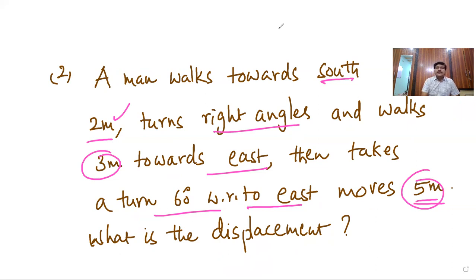Now let us see this one. Observe, this is the general sign convention. East is positive, this is west, this is north, this is south. These are the sign conventions: upward north, downward south, rightward east, leftward west. What he says, let us say that the man is here at position A. He is walking towards south. South is down.